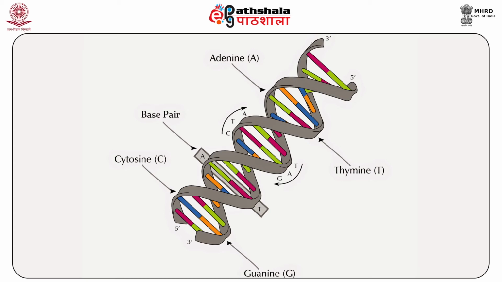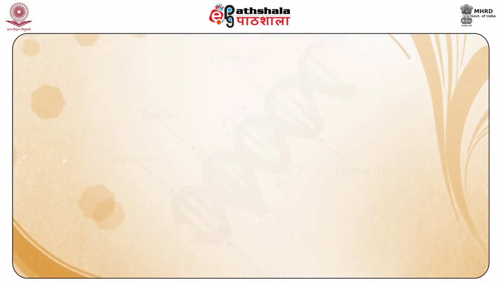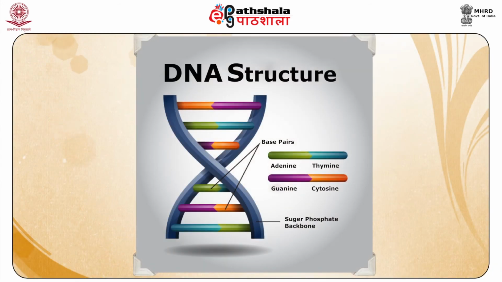One strand runs in 3' to 5' direction, while the other runs from 5' to 3', that is, in opposite direction. The pairing takes place between the base pairs. A purine will always pair with a pyrimidine, that is, adenine, which is a purine, and thymine, which is a pyrimidine, always pair up with each other by 2 hydrogen bonds.